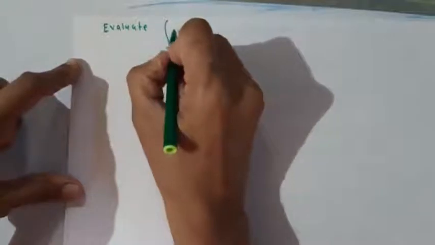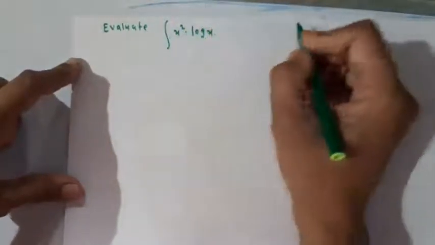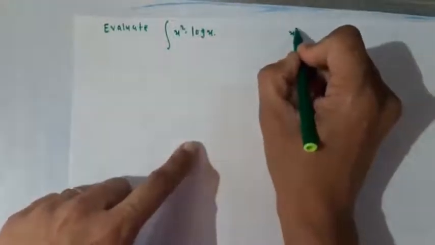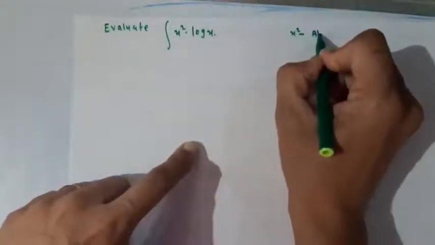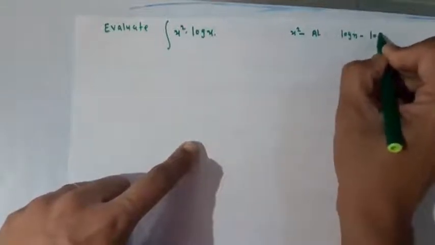Okay, let us solve the first problem: evaluate the integration of x square into log of x. Here x square is the algebraic function and log of x is the logarithmic function.